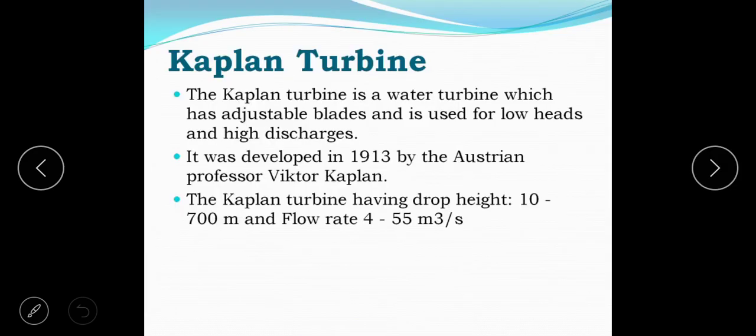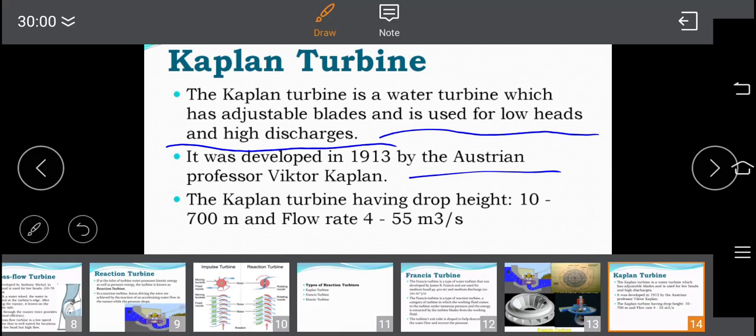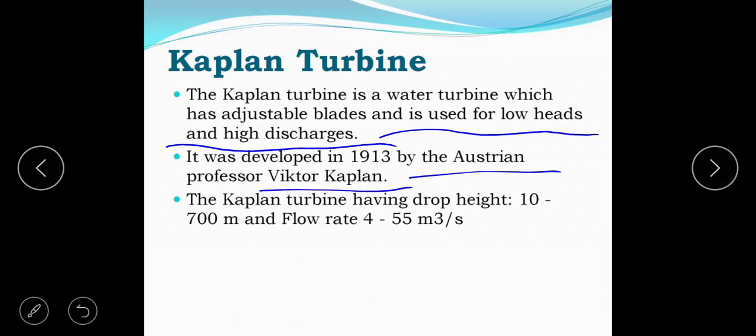Kaplan turbine. It is a water turbine which has adjustable blades and is used for low heads and high discharges. It was developed in 1913 by an Austrian professor, Victor Kaplan, hence the name Kaplan turbine.